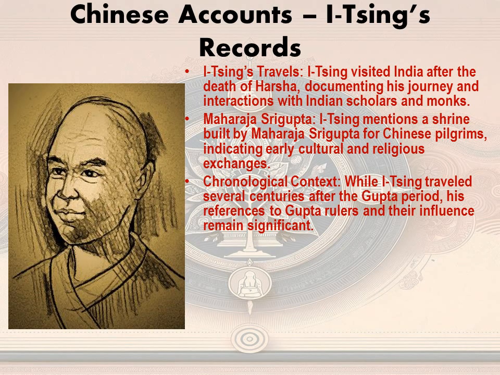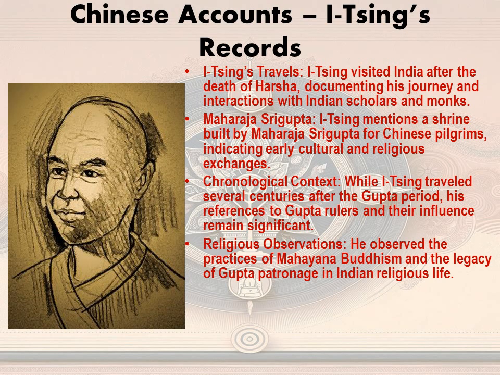While I-Tsing traveled several centuries after the Gupta period, his references to Gupta rulers and their influence remain significant. So even though he came 300 years after the peak time of the Gupta period, still in his writings there are mentions of several Gupta rulers, and thus we can understand how influential the Guptas were.